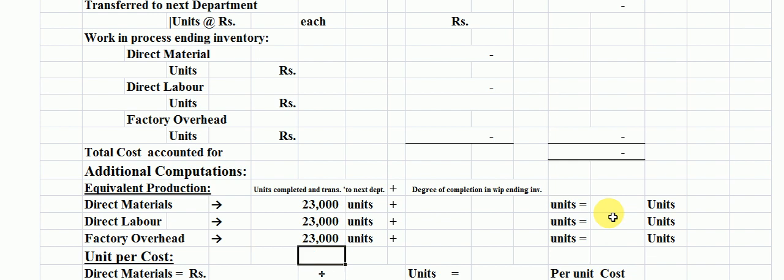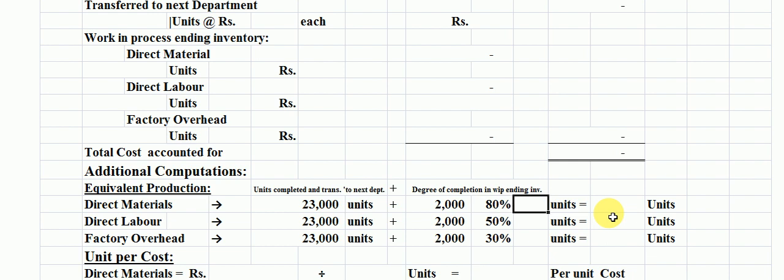Now students, the units still in process are 2,000 and 2,000. The degree of completion is 80% as material, 50% as labor cost, and 30% as factory overhead.